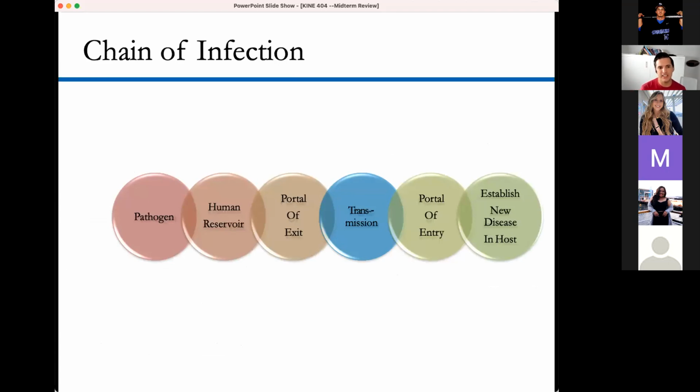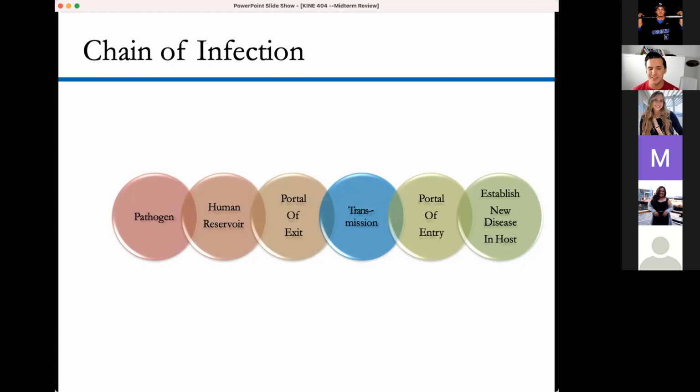And then that leads into this chain of infection, where when we're thinking about the spread of disease in the population, we start out with a pathogen. We need to have some kind of human reservoir that can be infected with that disease. That human reservoir, in order for that disease to be able to spread to others, there has to be some kind of portal of exit. So typically that is our mucosal membrane.